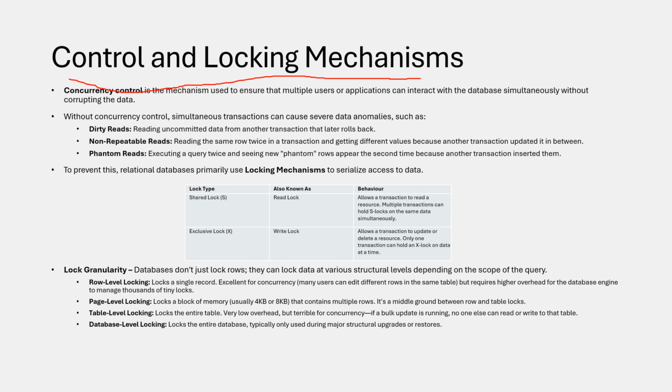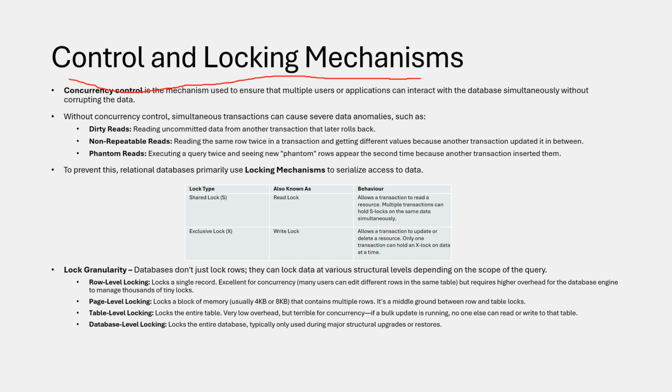So what problems can happen without concurrency control? Now concurrency control comes into the topic, wherein so many people are doing concurrent transactions on your website. Okay, if you are going to read this via ETL, three problems can happen. Either you will get a dirty read, a non-repeatable read, or a phantom read.